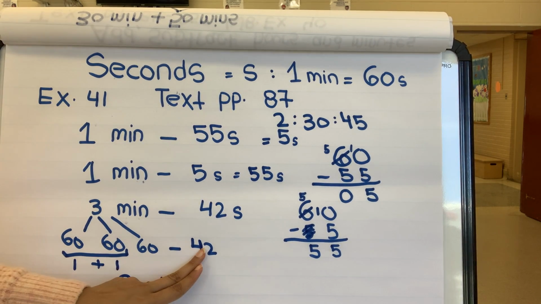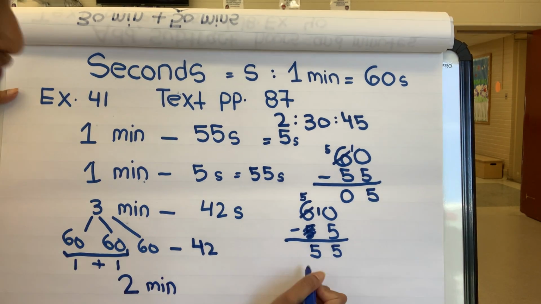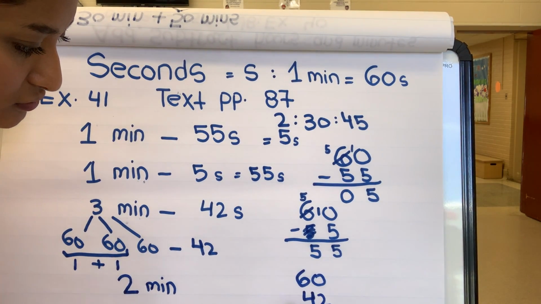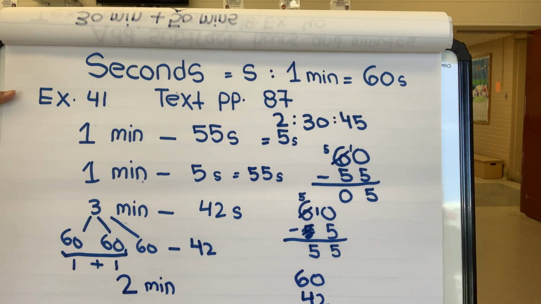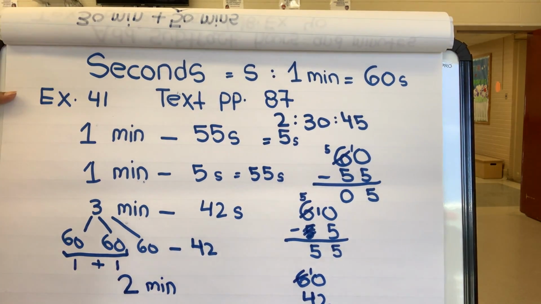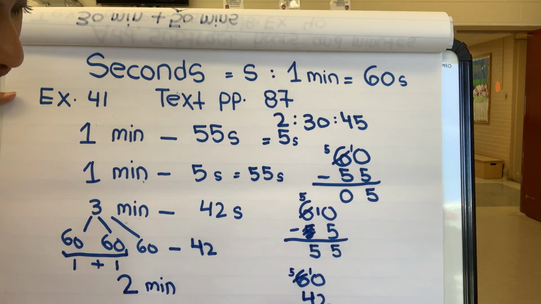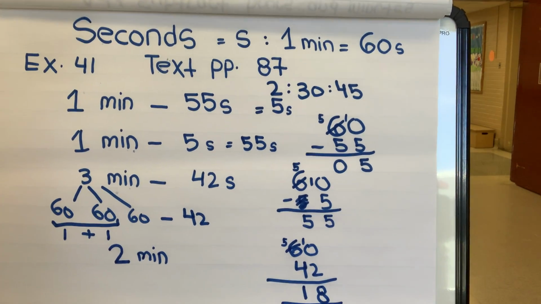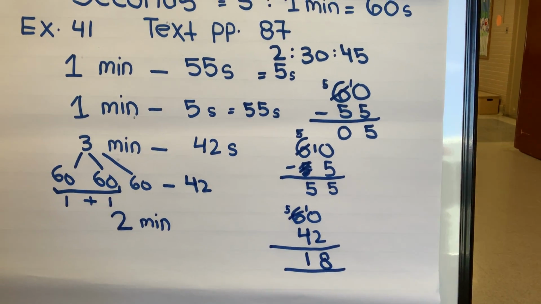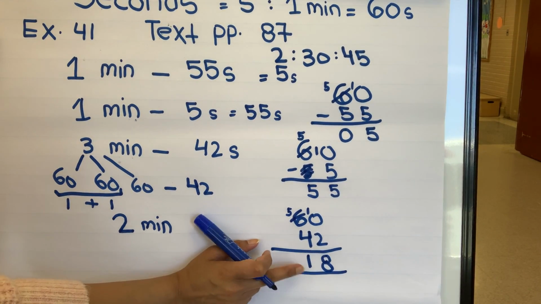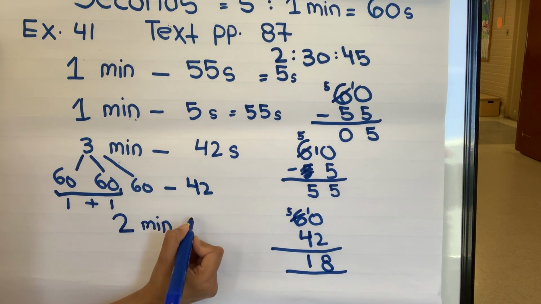And now I need to take away 42 out of my 60 seconds. I'm going to borrow, I have 8 here, and I was left with 5 here, so I will have 18, right? Sorry, I didn't realize that you can't see. Okay, so that means I am left with 2 minutes and 18 seconds.